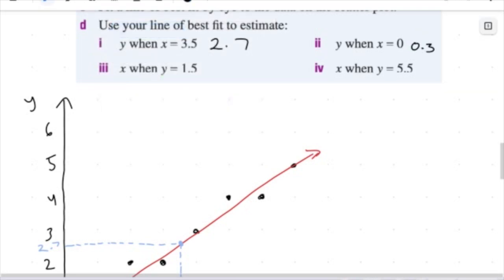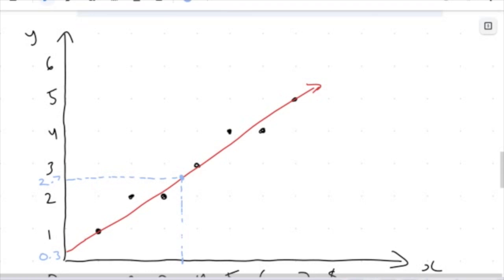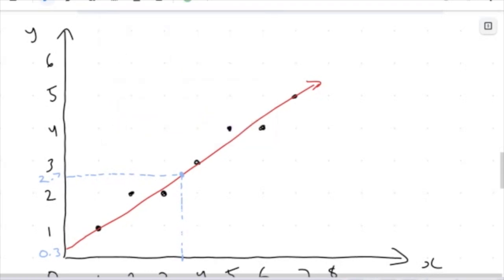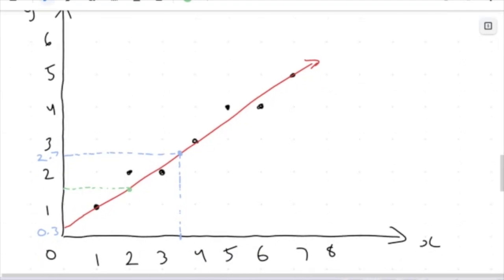For this next one, we want to find x when y equals 1.5. So when y is 1.5, let's do this in a different color. It's about here, and we're going to draw this along until we hit our line. And we're going to draw this down.